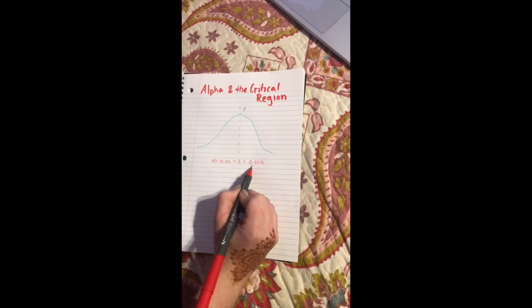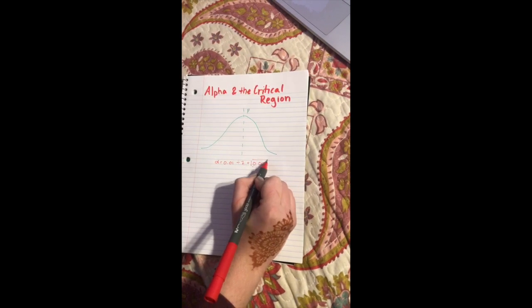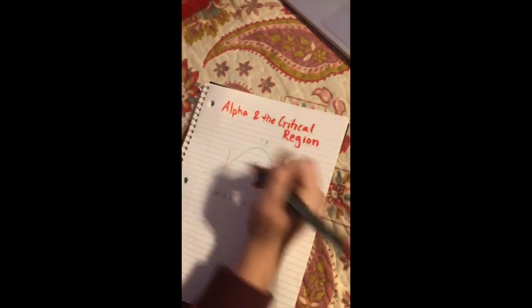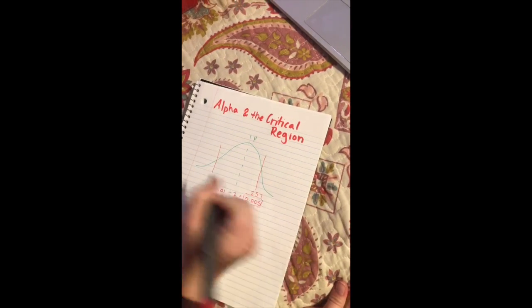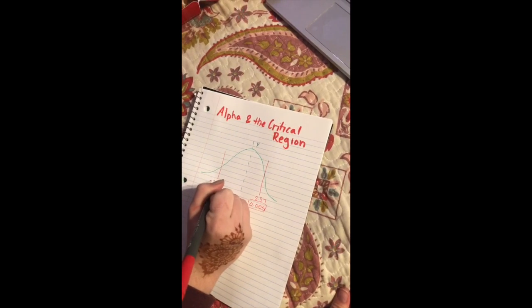When you use this and look at this proportion in the third column of the Z table, it shows you that the z-score is going to be 2.57 and negative 2.57 for this test.